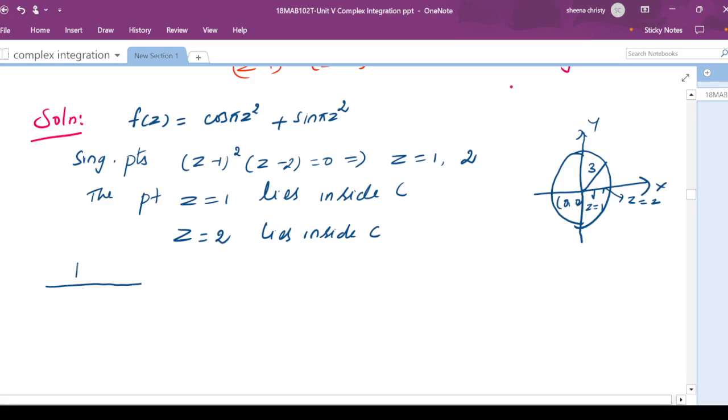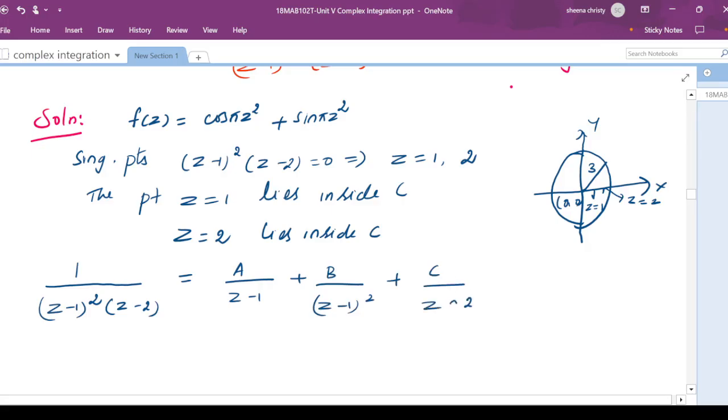We have to separate it by making use of the partial fraction method. So let us write a divided by z minus 1 plus b divided by z minus 1 the whole square plus c divided by z minus 2.